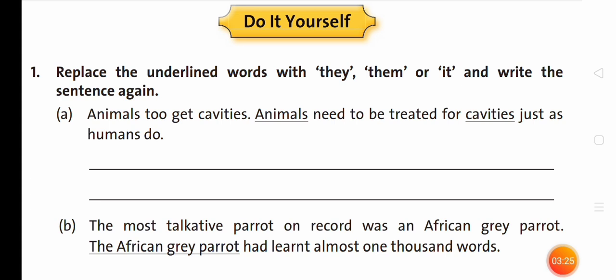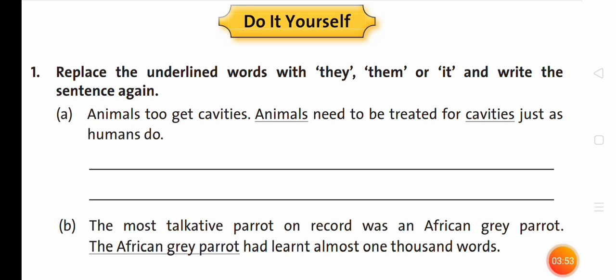Here, in the first sentence, animals are used as a subject, plural subject form, and it is repeated in the second sentence in place of the naming word animals.